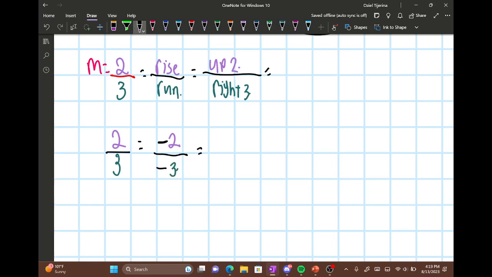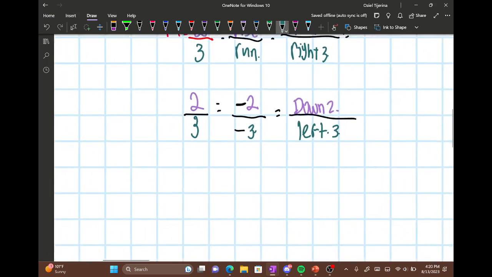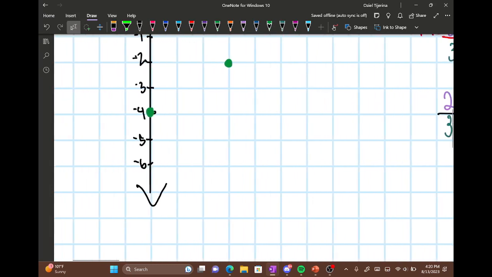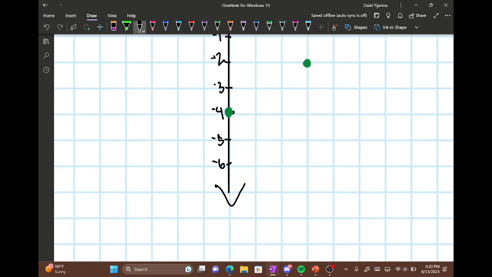So in terms of rise over run, this is going to be down 2, and to the left 3. This is one way that I explain it here, guys. You're going to do the opposite. We go down 2, and at the end of the day, it has to form a line. So it's going to go 1, 2, 1, 2, 3. And this is obviously the lowest we can go in terms of y.